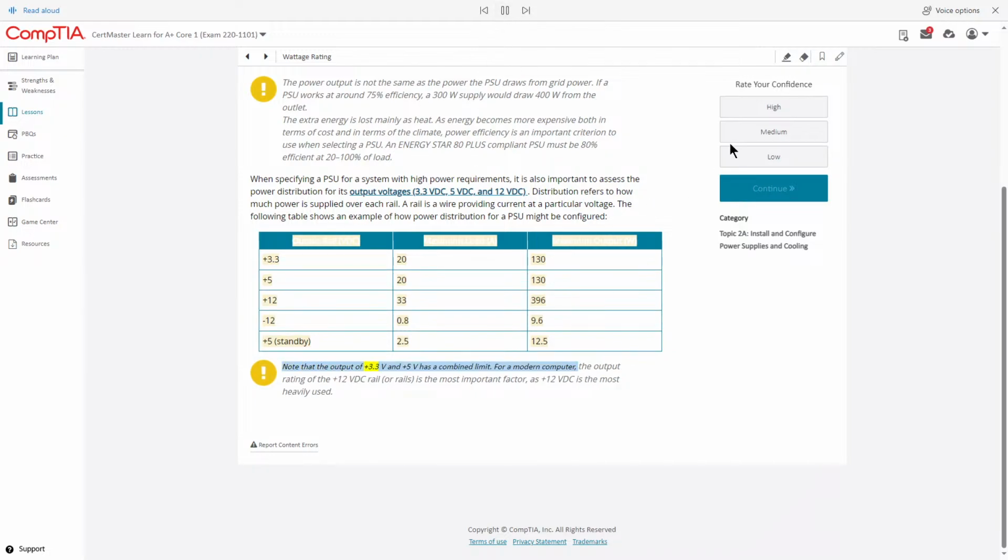Note that the output of plus 3.3 V and plus 5 V has a combined limit. For a modern computer, the output rating of the plus 12 VDC rail, or rails, is the most important factor, as plus 12 VDC is the most heavily used.